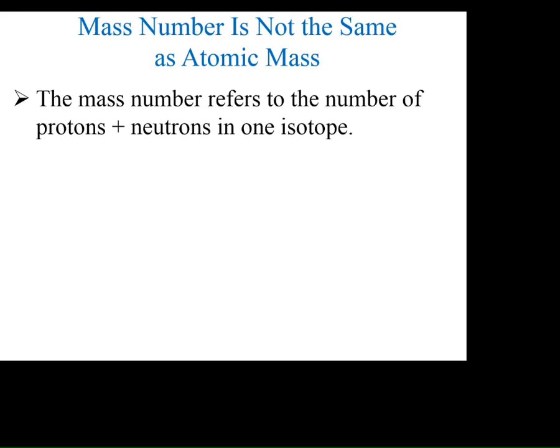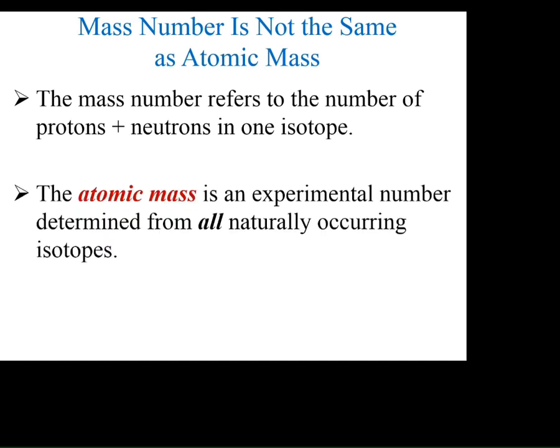It will always be just a simple integer. Atomic mass is the actual mass of a hydrogen atom. Okay, but it's not just the mass of any hydrogen atom, it's actually the average mass. So I just got done telling you that not all elements are the same, right? You can grab some hydrogen in the air, and you're going to grab hydrogen 1, but you also might grab a little bit of hydrogen 2 or some hydrogen 3.